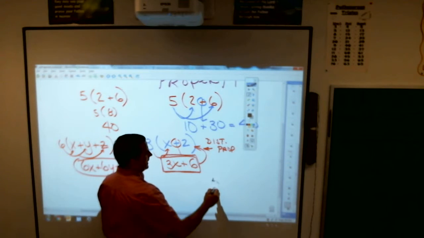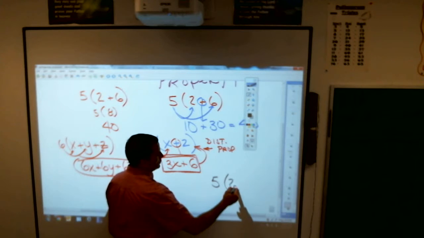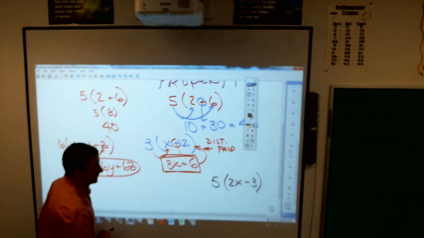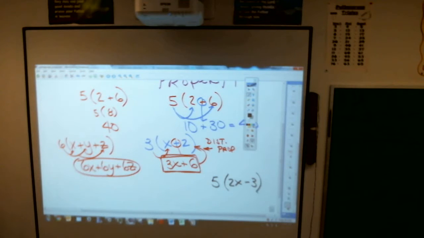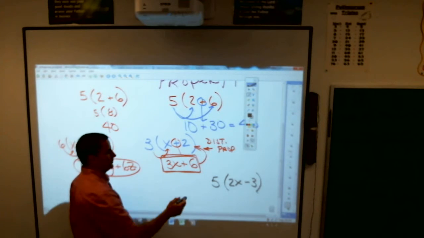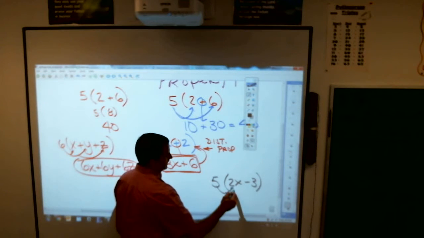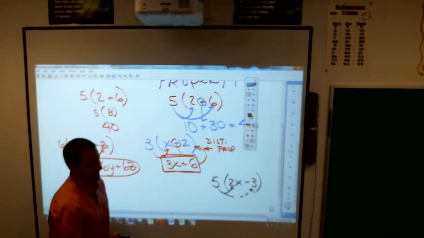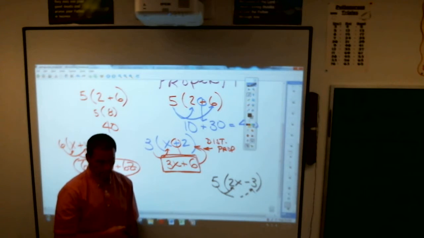What if I had 5 times 2x minus 3? What would you get if you did the distributive property? What would you get if you distributed out the 5 and you handed it out and you said, okay, that means I'm going to times by this, and I'm going to times by that. Anybody, what do I get if I take 5 times 2x?